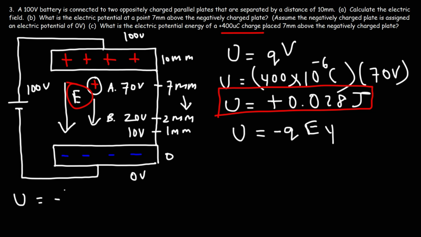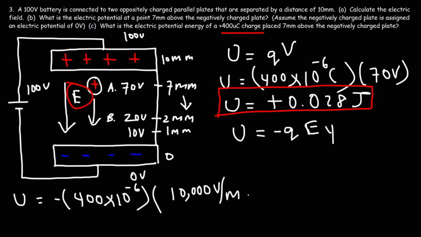So Q is positive 400 times 10 to negative 6. The electric field, and I just got rid of it, but it was 100 volts divided by 0.01 meters, so it was 10,000 volts per meter. Now the electric field is going in the negative y direction, so we need to apply that negative sign to get this right.